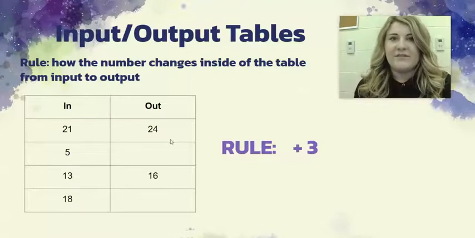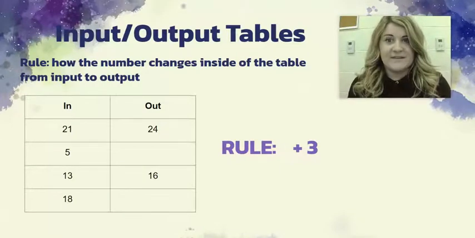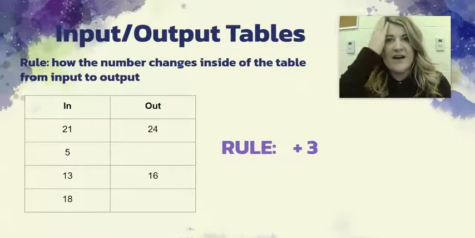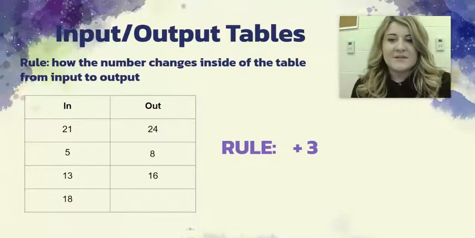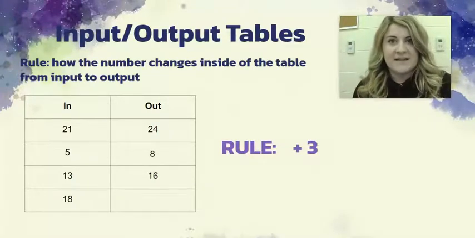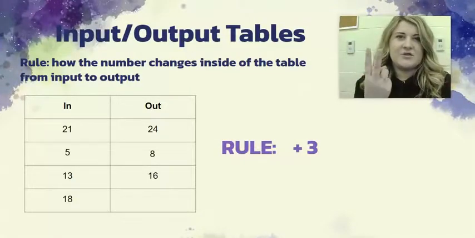Now, I want to find out what 5 plus 3 is going to come out as. It's going in as a 5, and it's going to come out as a what? The rule is happening to it while it's in there, and it's going to come out as 5 plus 3: 5, 6, 7, 8. It's going to come out as an 8. Next, we have 18 going in. The rule is happening to it while it's in the machine, and it's going to come out as a what? 18, 19, 20, 21.